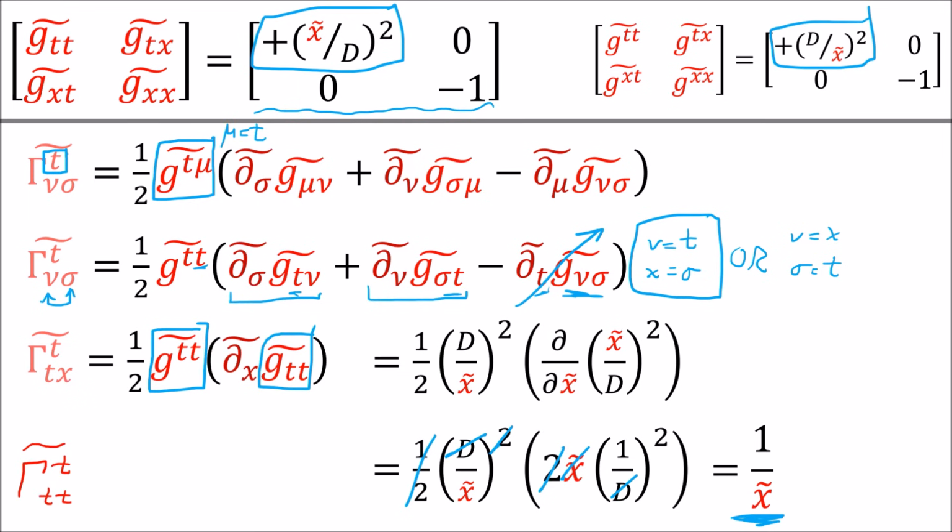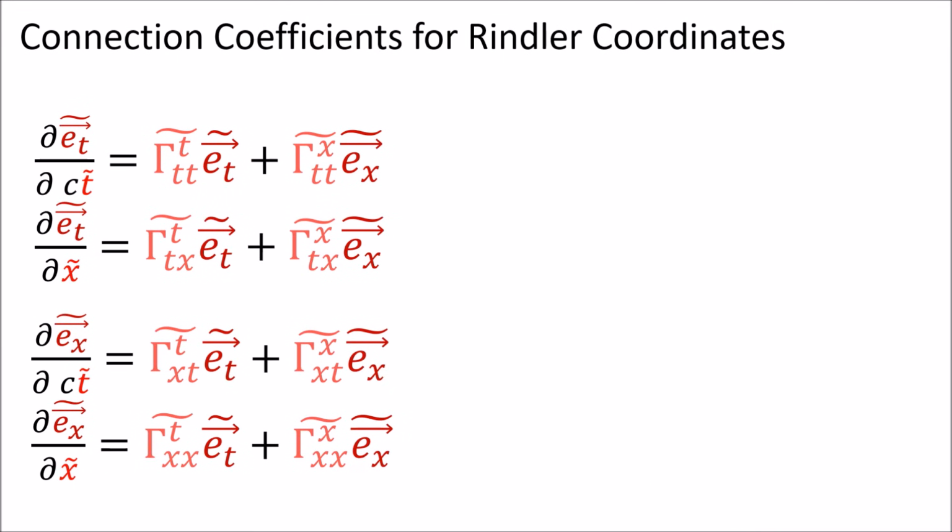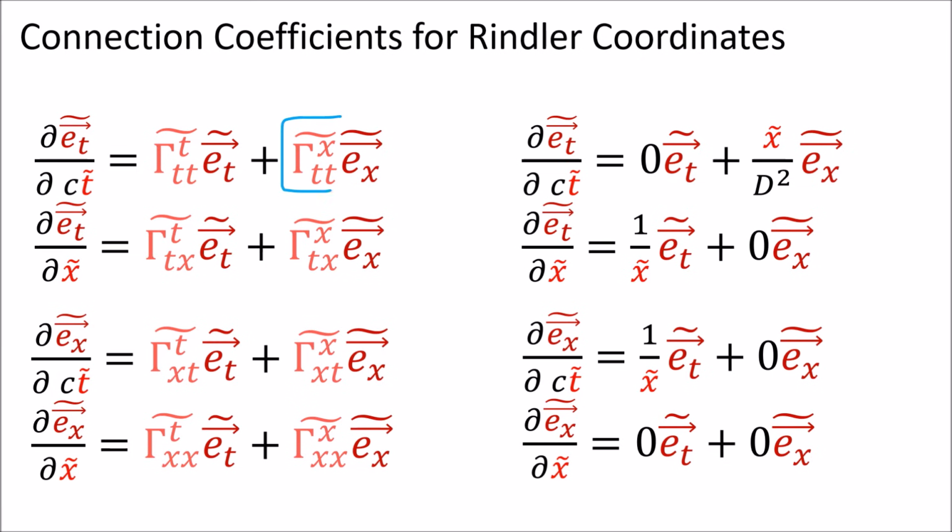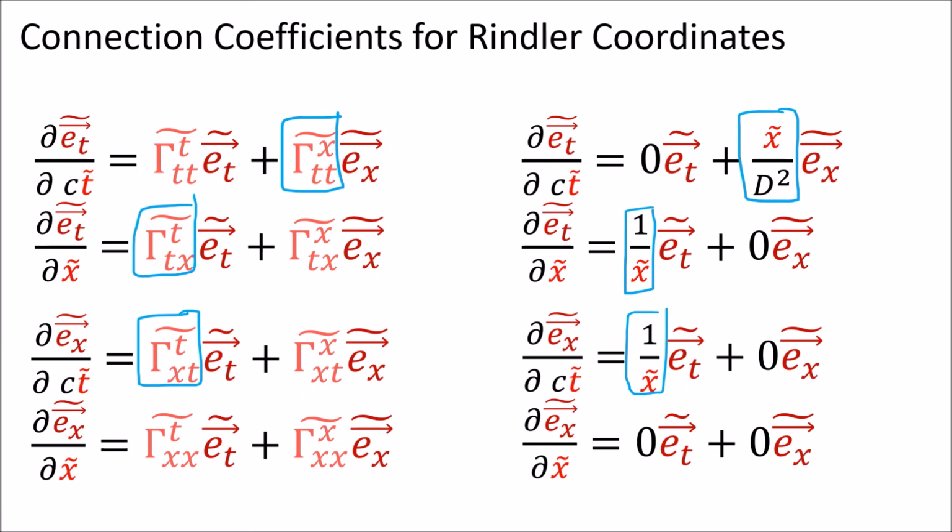All the other connection coefficients with t as the upper index go to 0. So we find with Rindler coordinates, only 3 of the 8 connection coefficients are non-zero. These are the exact same results we got in Relativity 105 Part E, except this time we got the results straight from the Rindler metric, and we didn't make use of any other coordinate systems.